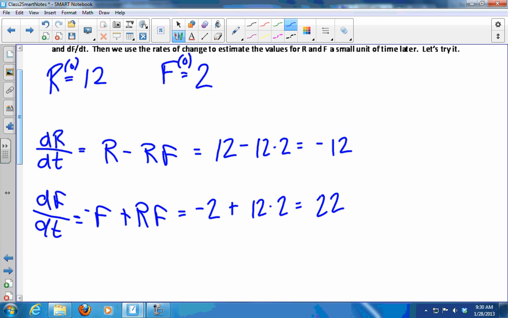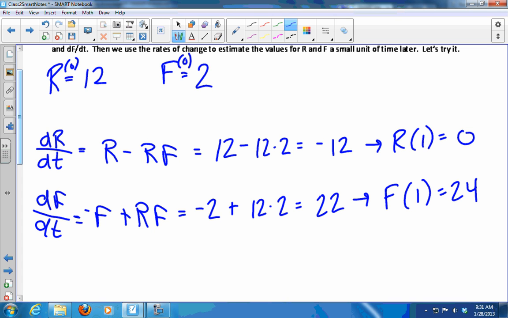So 1 small unit of time later, R of 1, if we're measuring in like hours, R of 1 would be 0, and now we're at an equilibrium solution. And F of 1, we started with 2, and now we added 22. So we're going to have 24 foxes, and we're at equilibrium.